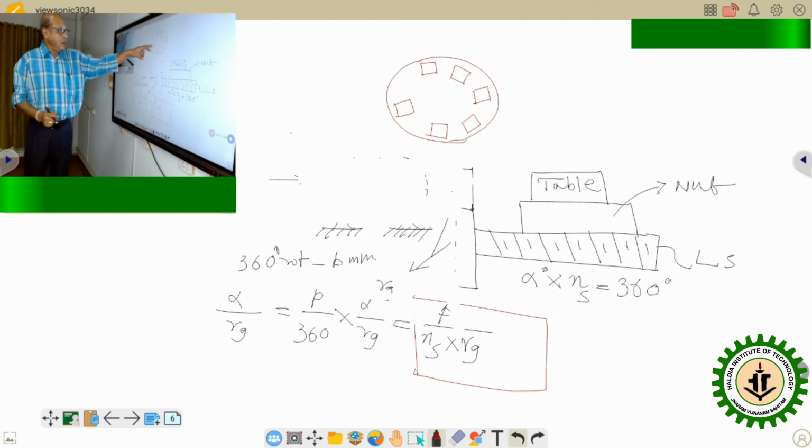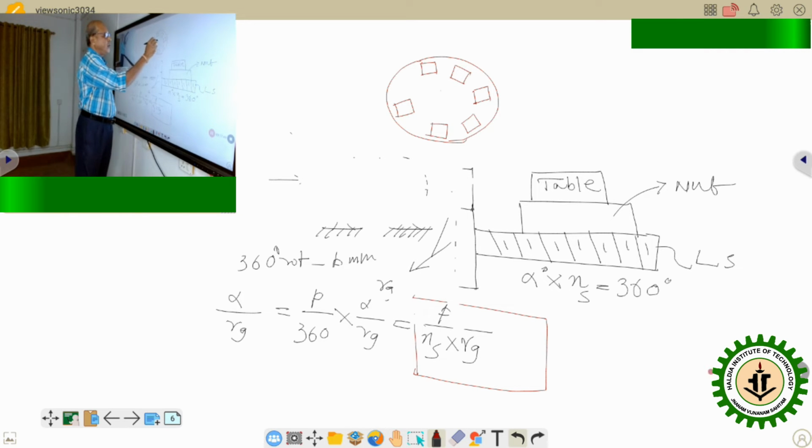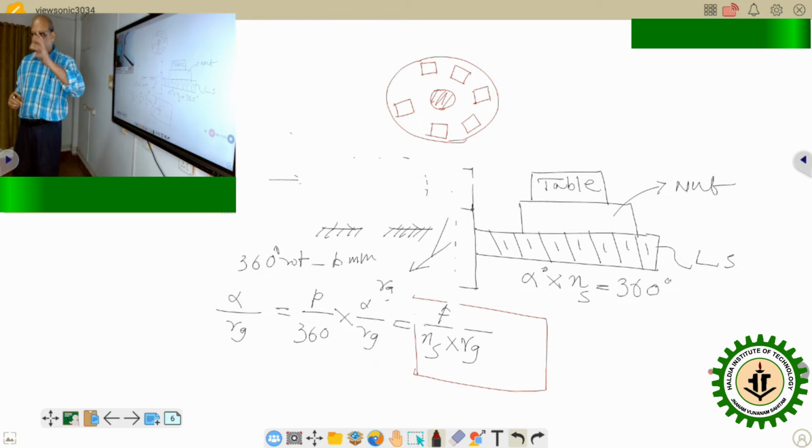So this encoder disc is mounted on the lead screw shaft. So as the lead screw keeps on rotating, this encoder disc having the slots will also keep on rotating. Now on one side of the encoder disc there are light sources and on the other side there are photocells.